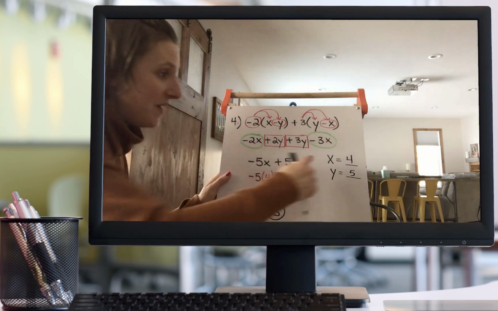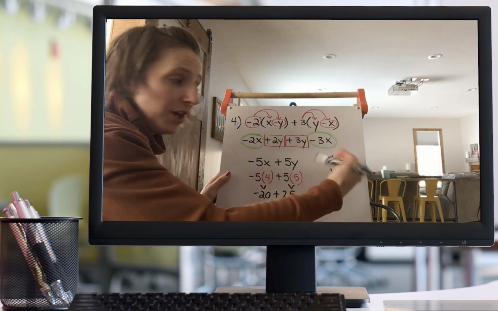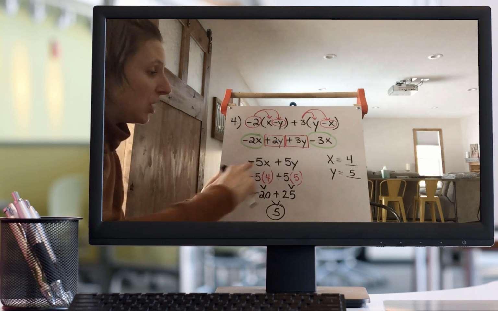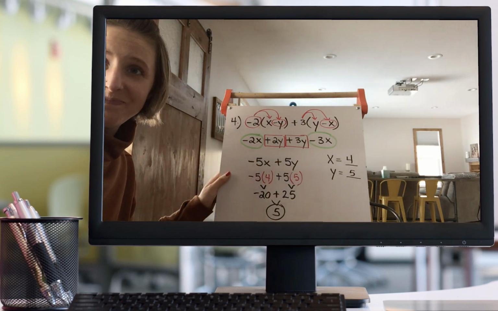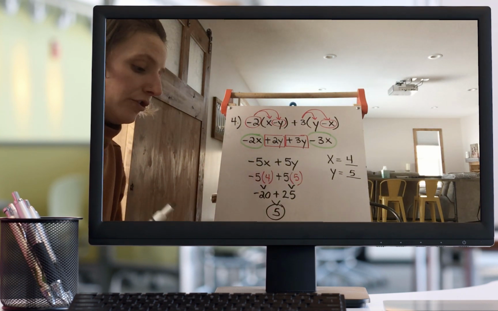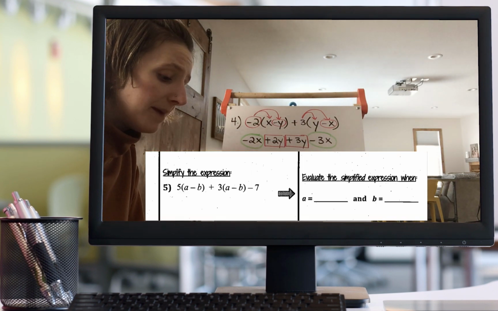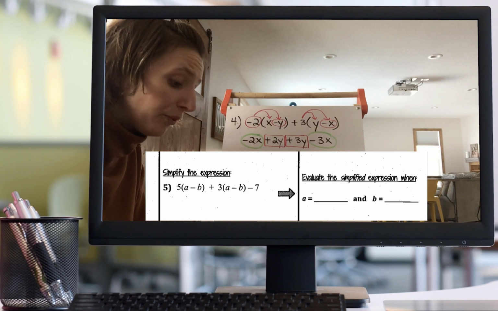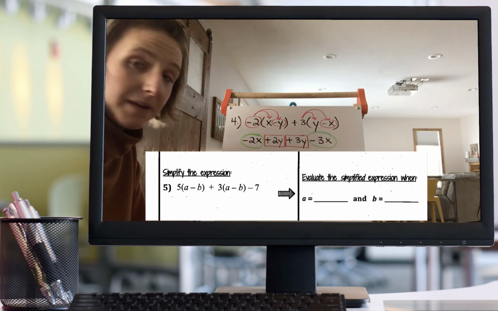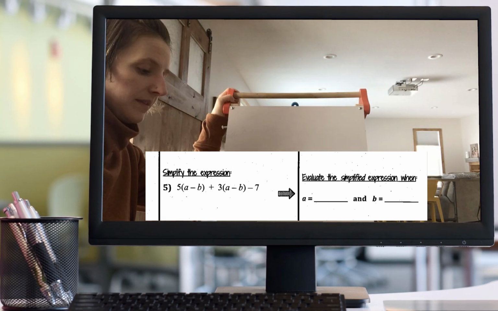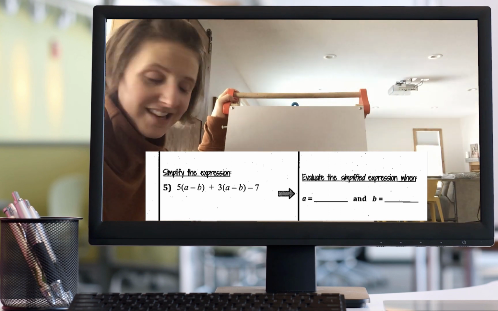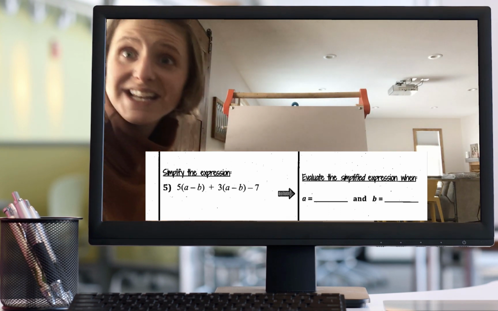Taking it a step further, now we have some values for the variables, so we're substituting those into our simplified expression. Here's what I'd like you to do. Look at number 5. You have 5 times the quantity a minus b plus 3 times the quantity a minus b minus 7. I've given you 2 examples on how to simplify and then evaluate.